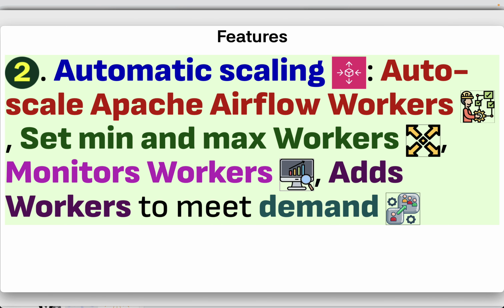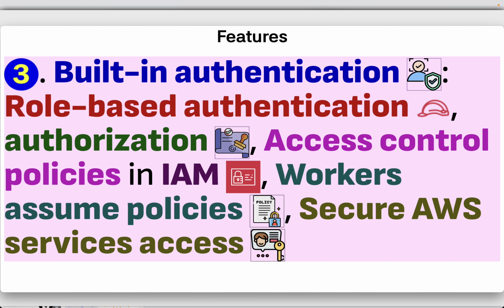You automatically scale Apache Airflow workers by setting the minimum and maximum number of workers that run in your environment. Amazon Managed Workflow for Apache Airflow monitors the workers in your environment and uses its auto-scaling component to add workers to meet demand, up to and until it reaches the maximum number of workers you have defined.